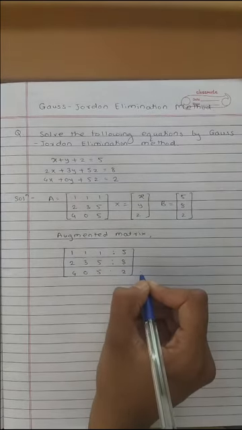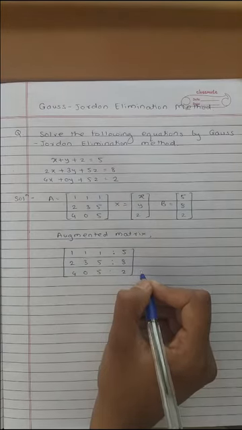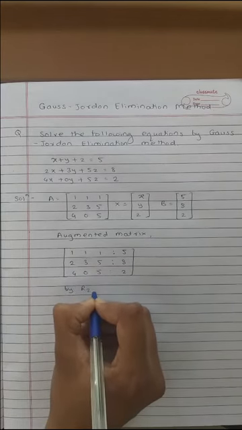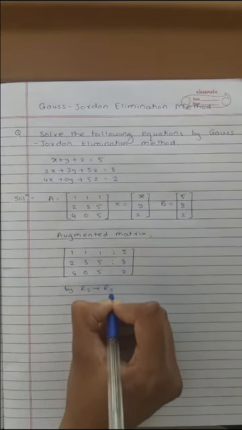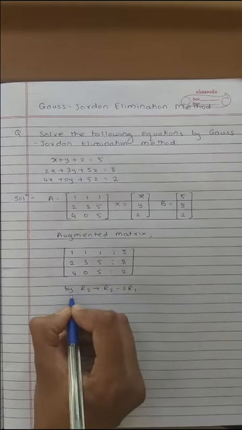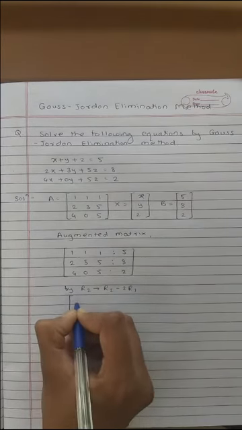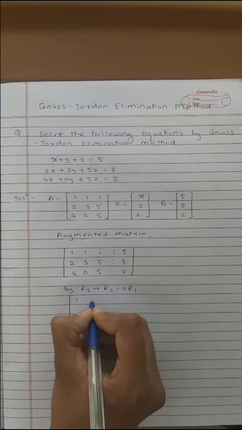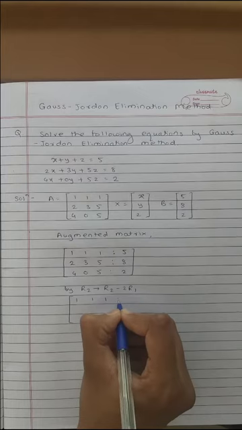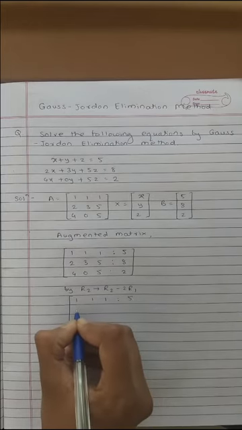After that we perform the row operations on the matrix by R2 changes to R2 minus 2R1. Then we will get the augmented matrix as: first row will be the same, 1 1 1 5.